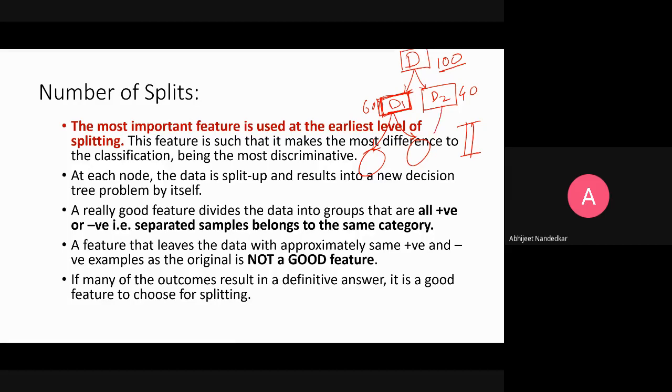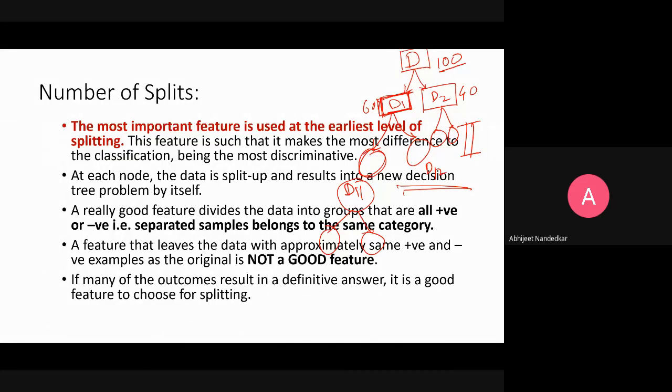You can take D2 and divide it too. Once you divide it, say this is your D11, child of D1, and this is D12. So D11 itself becomes a new decision tree problem. Then you can split it with the help of some new feature. Like that, this will grow. So at each node, the data is split up and results in a new decision tree. The same algorithm will keep on executing in a recursive way to create new branches.